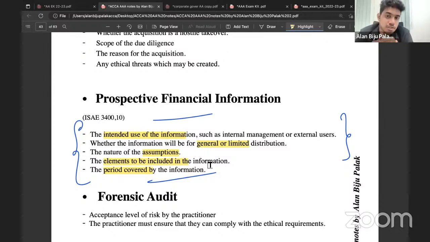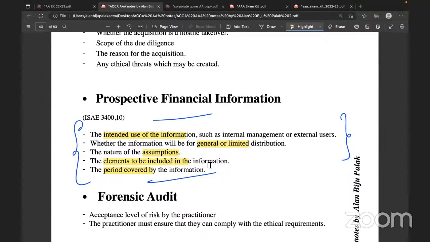We have also considered matters to be considered before accepting the engagement in relation to PFI and normal assurance engagements. And finally, matters to be considered before agreeing the terms of an audit engagement or of other assurance engagements. Is it clear, everyone, this much? Yes, sir. Okay.